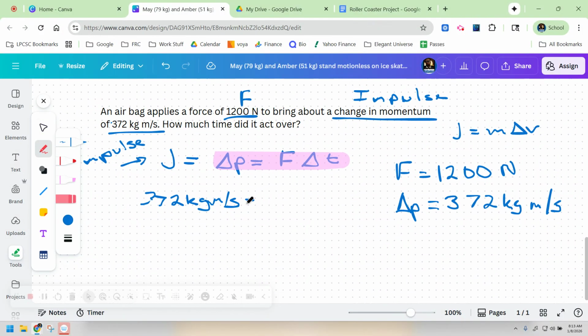All right, so then that is equal to our force, which is 1,200 newtons. Now, if you don't remember, newtons, right, is force, but it's also the mass, so it's kilograms times acceleration. So my newtons is kilogram meters per second squared.